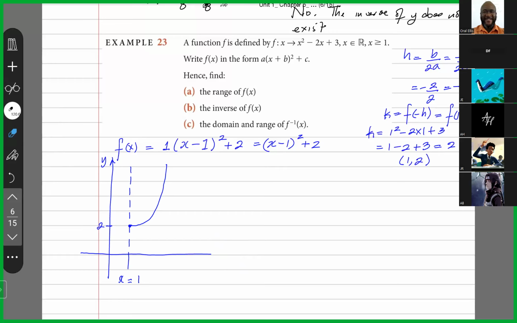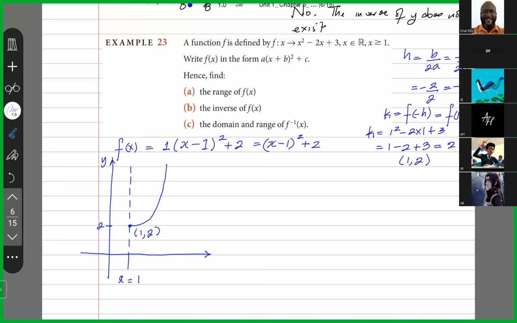This is only half of the graph. Because remember, you are told that the domain, the graph only exists where x is greater than or equal to 1. That is what we were told. (1, 2) is the turning point. So this graph starts from the lowest point of the graph, and it is only the right half of the graph.